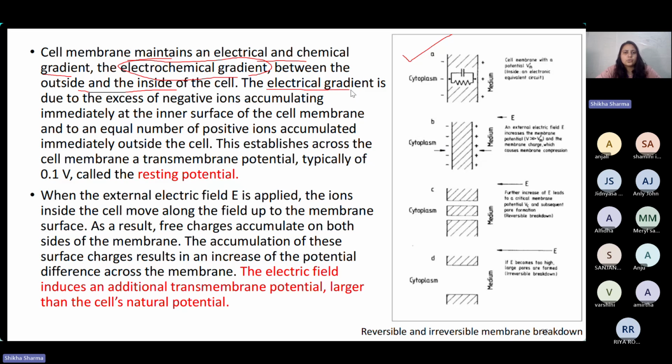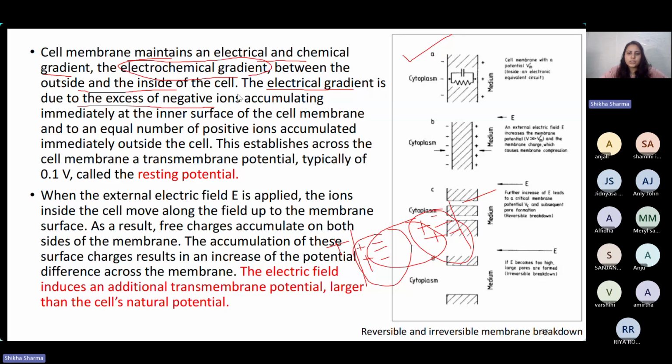The electrical gradient is due to the excess of negative charge. Negative charge will accumulate inside the microbial cell, and positive charge will accumulate outside the microbial cell. Because of this positive and negative, there is a transmembrane potential developed.